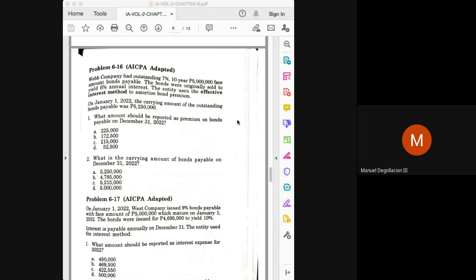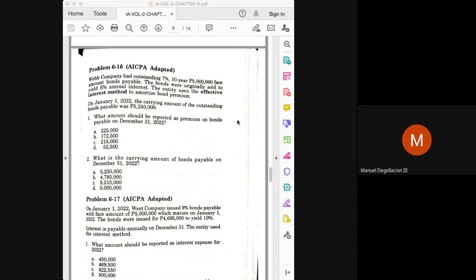Is there an expectation that the premium from January 1 will be different from the premium on December 31? The answer is yes, because we are going to be amortizing the premium. Since 1 year has passed, the premium will be reduced equivalent to 1 year worth of amortization.